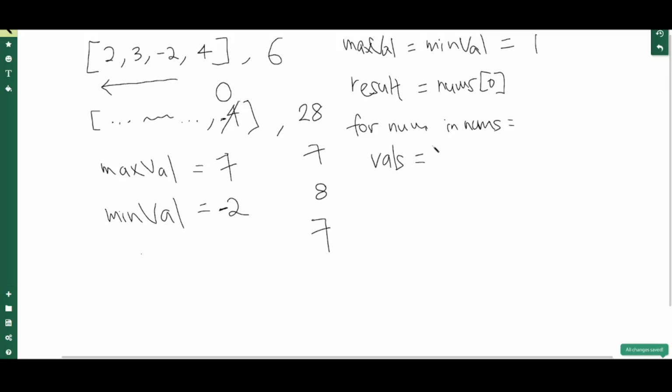And what this contains is num itself, and what do we do here? We multiplied max val by the current number, and we multiplied min val by the current number, or we just take num itself, right? So vals will hold all 3 possibilities. So this would be num, or max value times num, and min value times num.